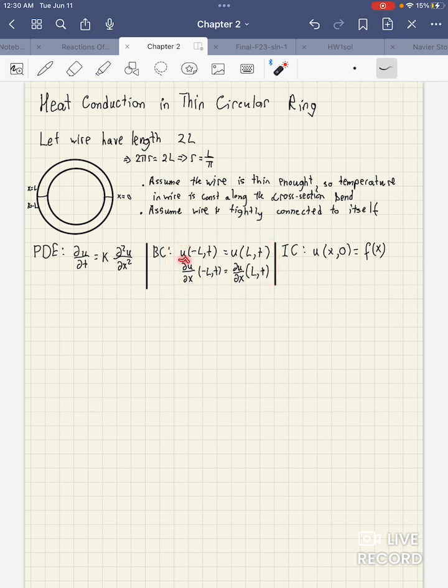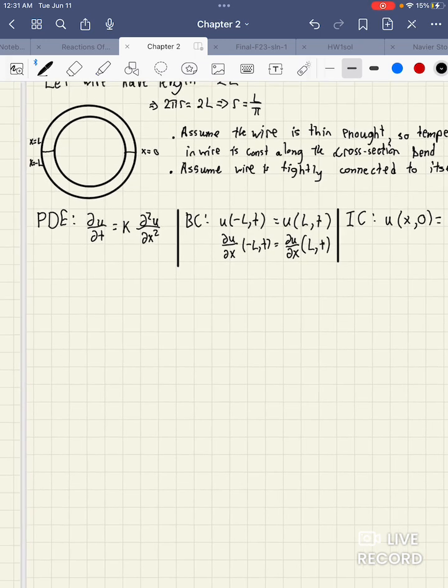Because it's just a function of u, with linear operators applied to our unknown function. There's nothing wrong with this picture. You can think of it as u of negative L, t minus u of L, t, with no other operation applied to it, equal to 0. So this is a homogeneous linear PDE with homogeneous linear boundary conditions, so we can apply the separation of variables method.